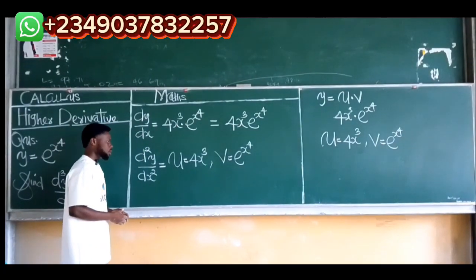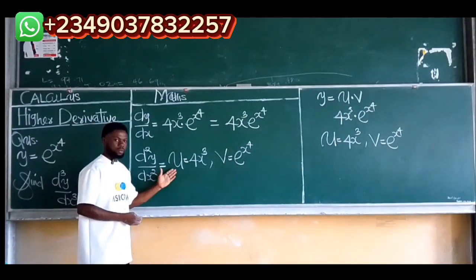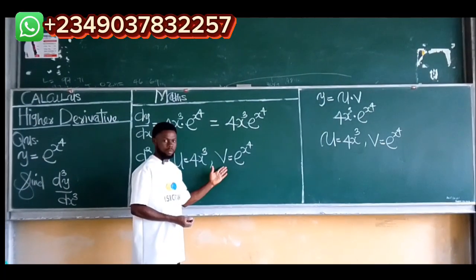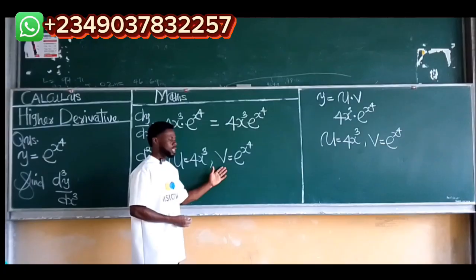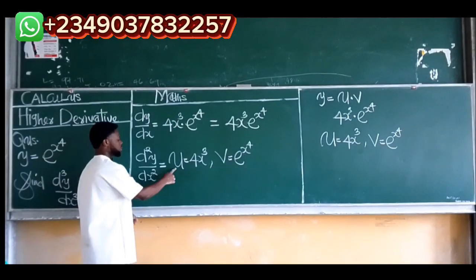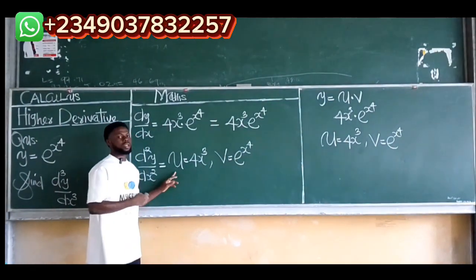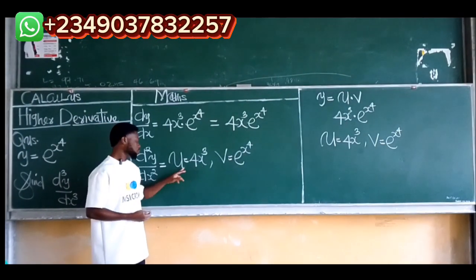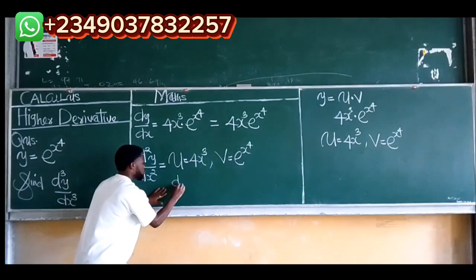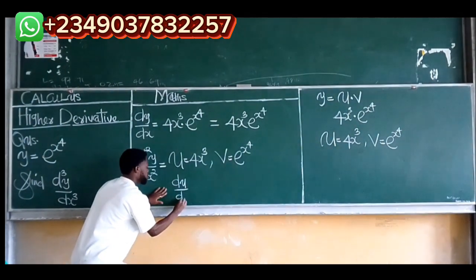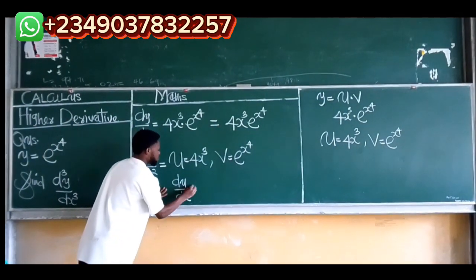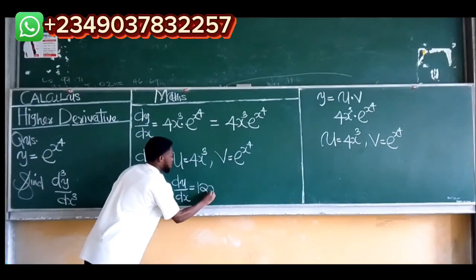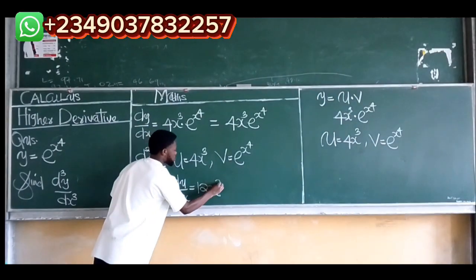So in this case, we are going to determine the derivative of u with respect to x. Likewise, we differentiate v with respect to x. In the first function, we have only u and x, so the derivative becomes du/dx, and du/dx will give 3 times 4, which is 12x, subtract 1 from the power, which is 2.